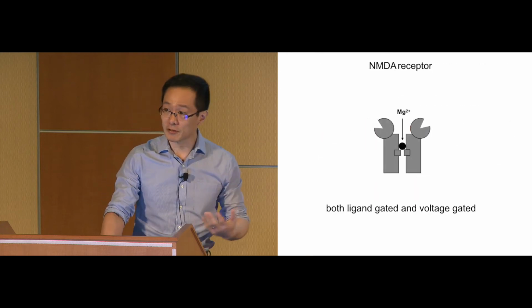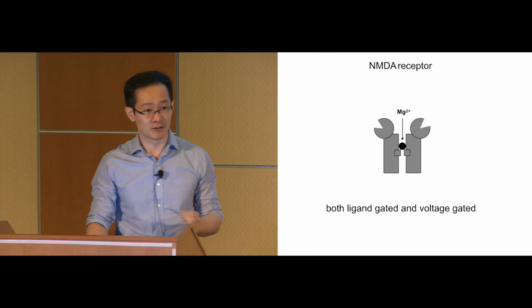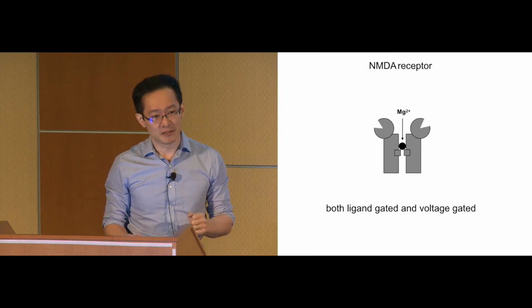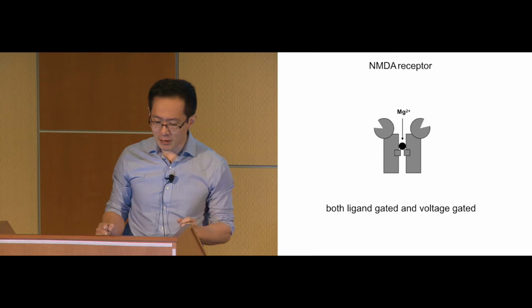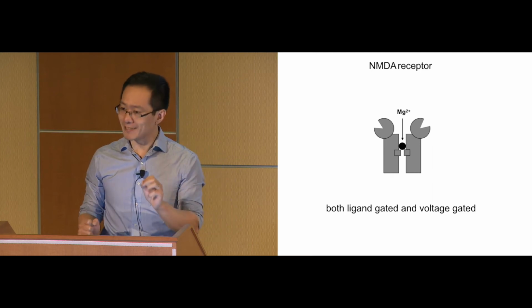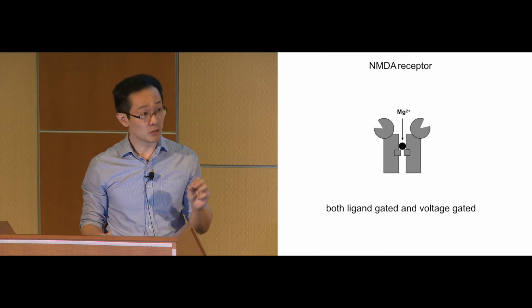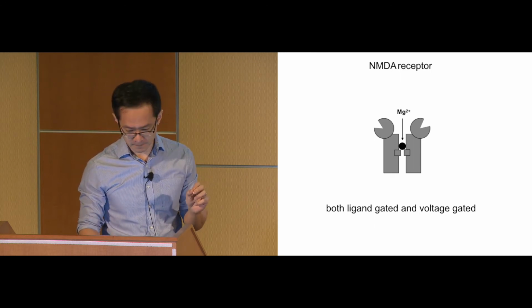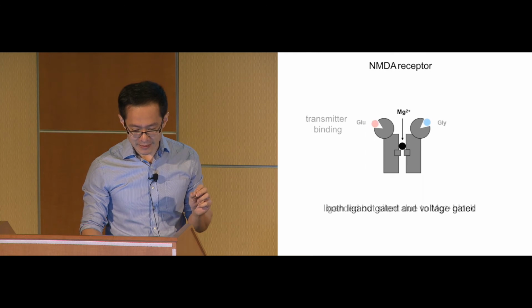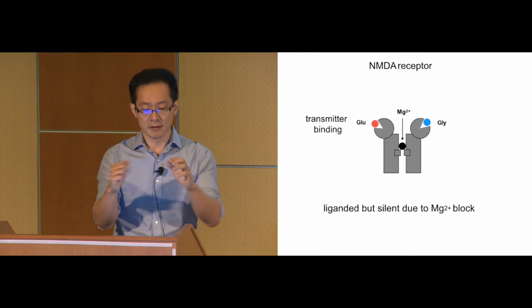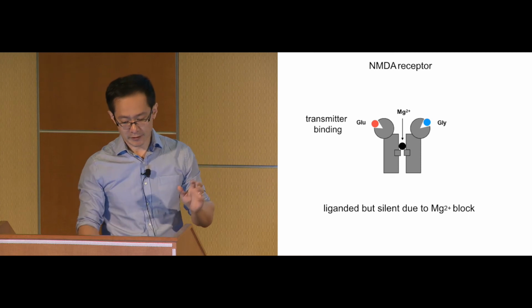And at last, I want to introduce something about the NMDA receptor. NMDA receptors are very unique in that they are both a ligand-gated ion channel and also a voltage-gated ion channel. What I mean is that in order for the channel to open its pore, it needs to bind a neurotransmitter.